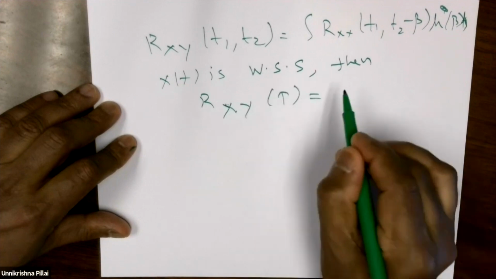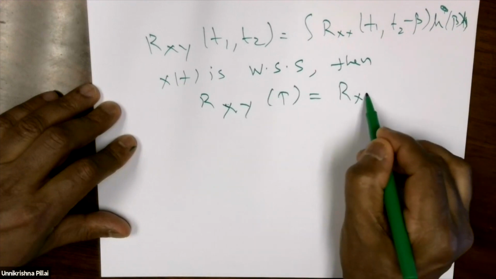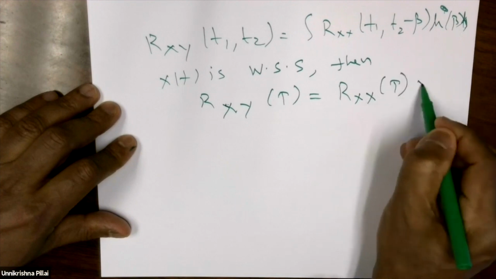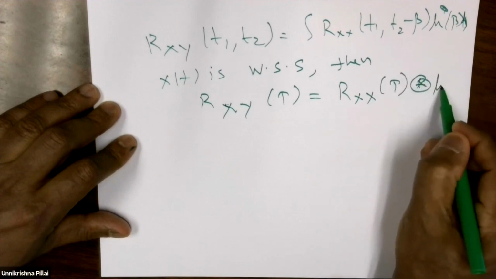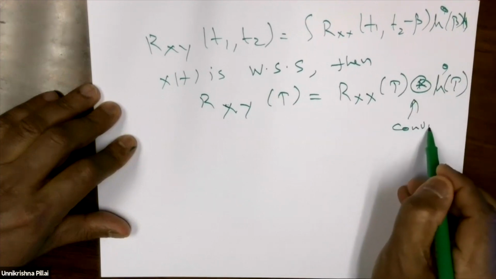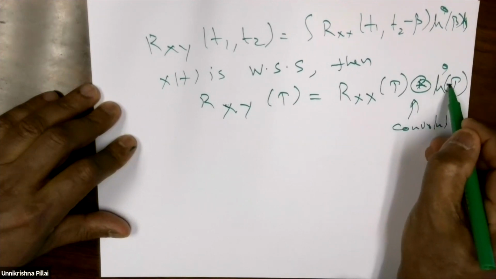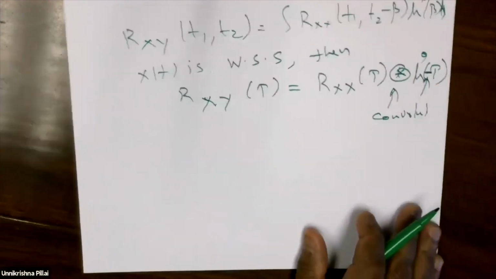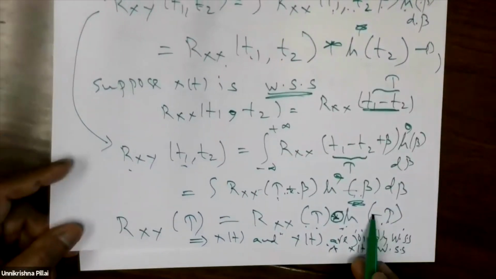I just proved it. I'm going to summarize it here. Rxx(tau) convolved with, not multiplication, you're right, h star of minus tau. There is a minus here. Why all this? You just look at the proof here. There's a minus here.